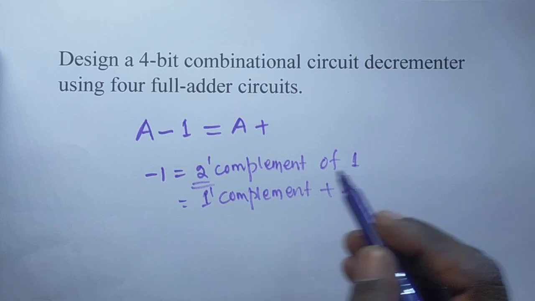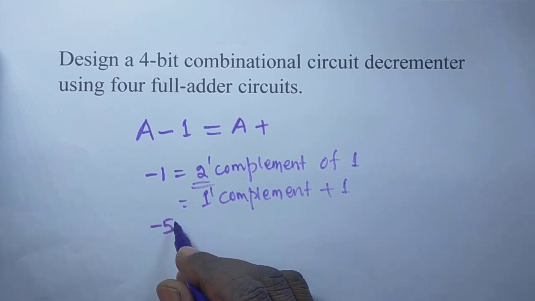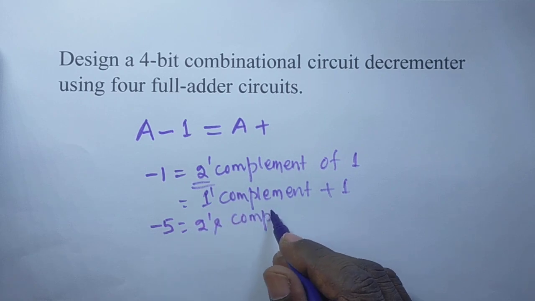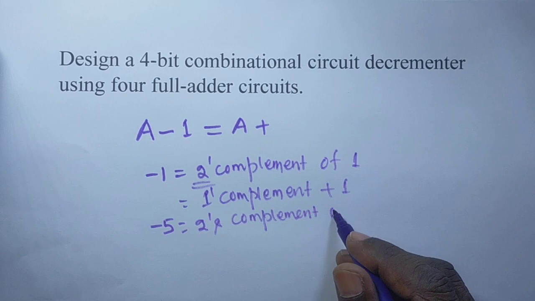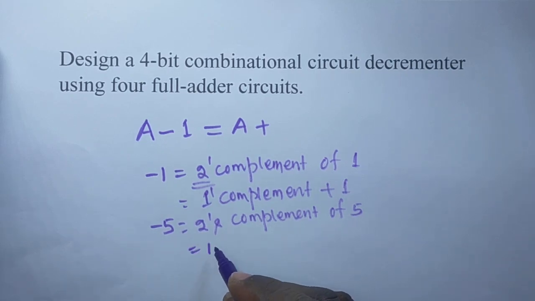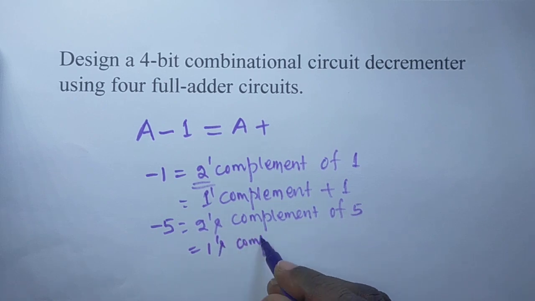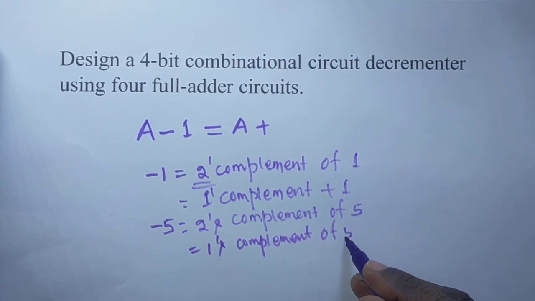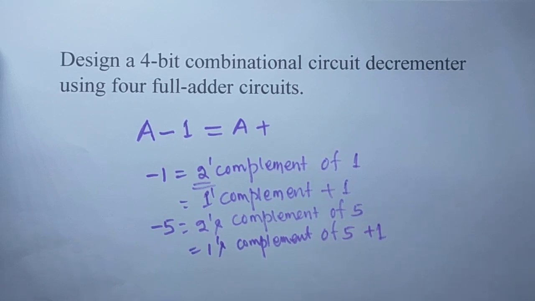Suppose minus 5, for example: minus 5 means the 2's complement of 5, which is the 1's complement of 5 plus 1. This is the basic concept.